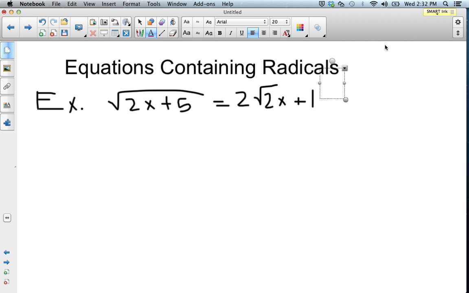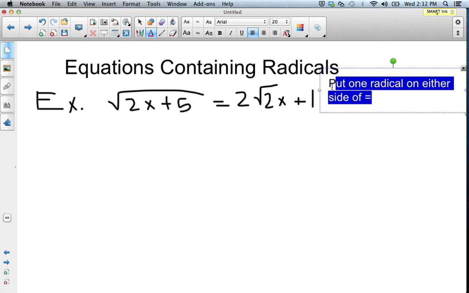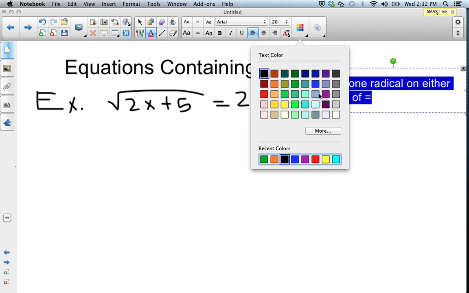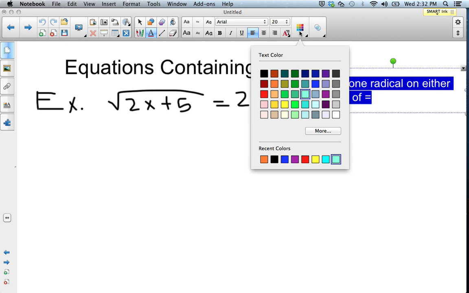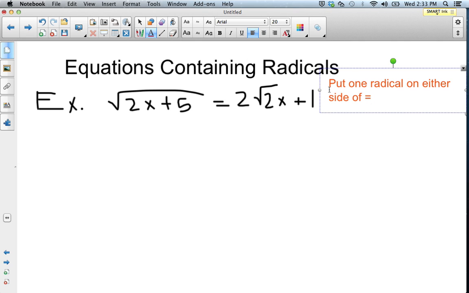So, put one radical on either side of the equal sign. Alright, so that's step one. Get one radical on either side of the equal sign.